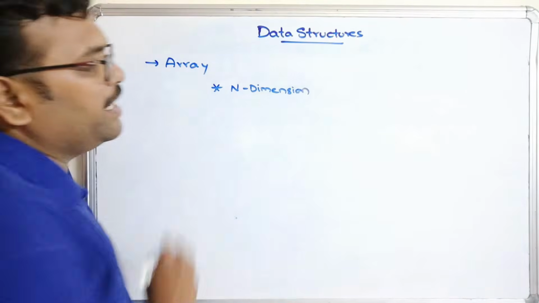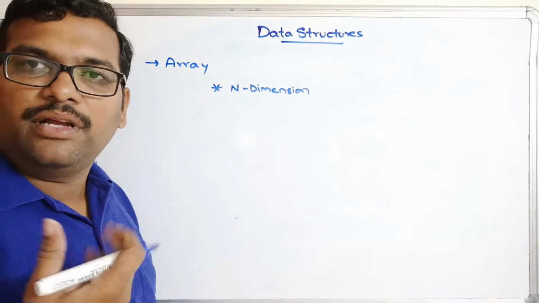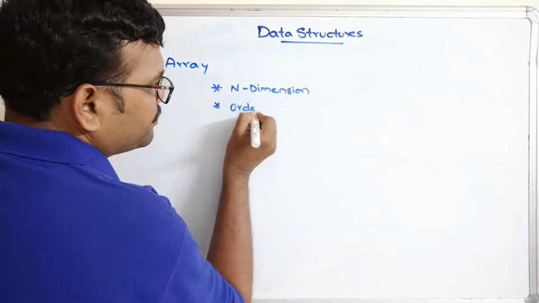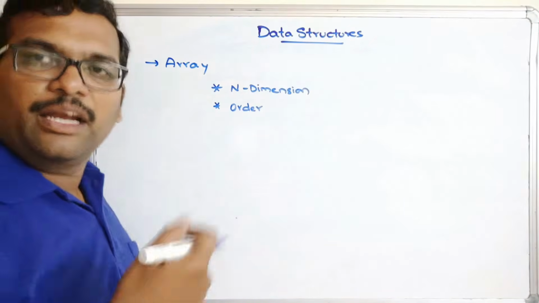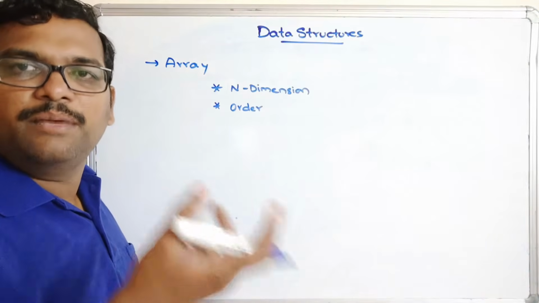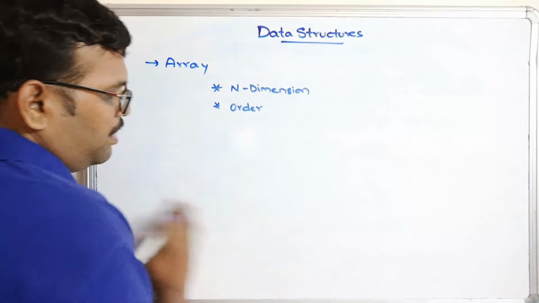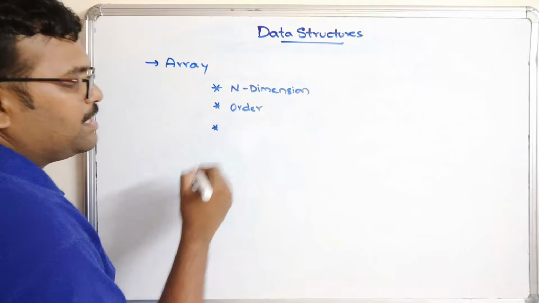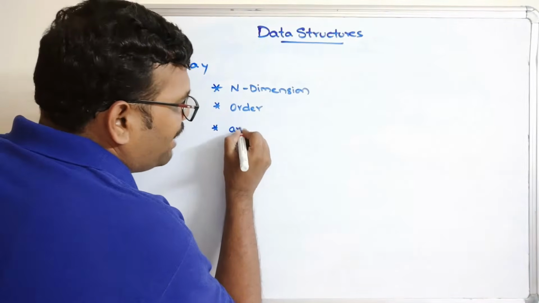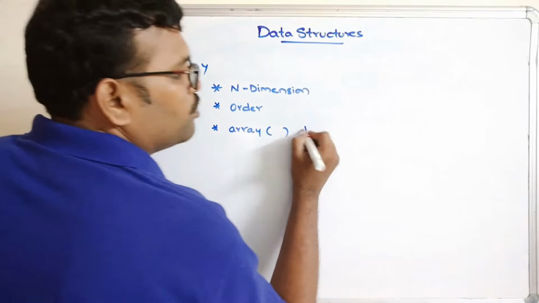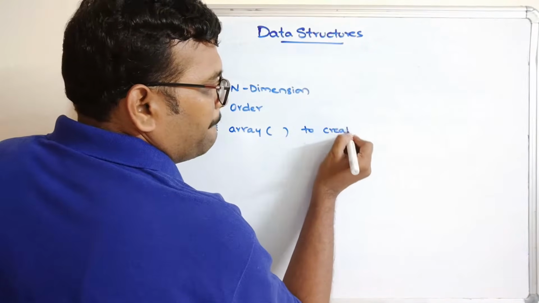We can represent the data in n dimensions, and here we give some order of data, let it be 2 by 2, 2 by 3, 3 by 2, like that. We have to use the array function to create an array.